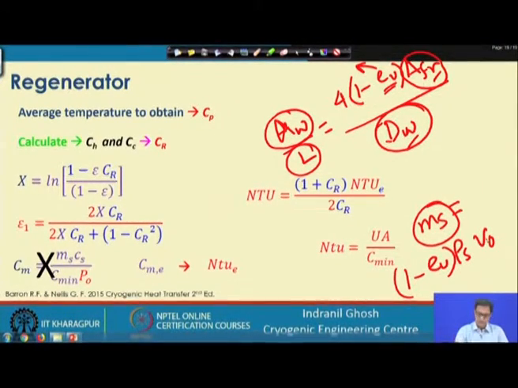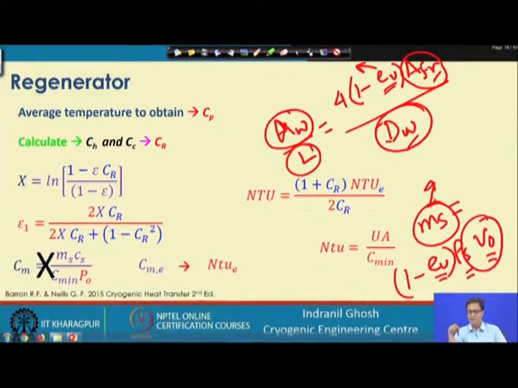So, EV is known, rho S is already given, and V0 is the volume of the regenerator, and accordingly we would be able to calculate the mass of the copper screen that would be necessary.